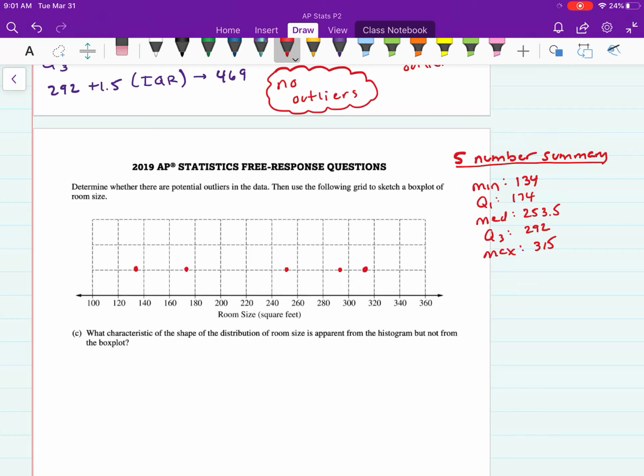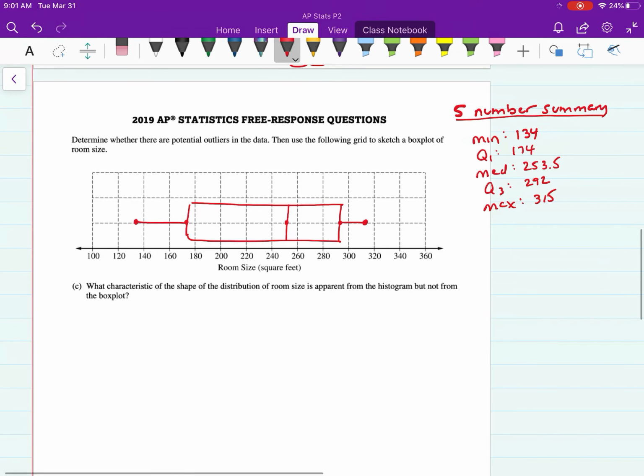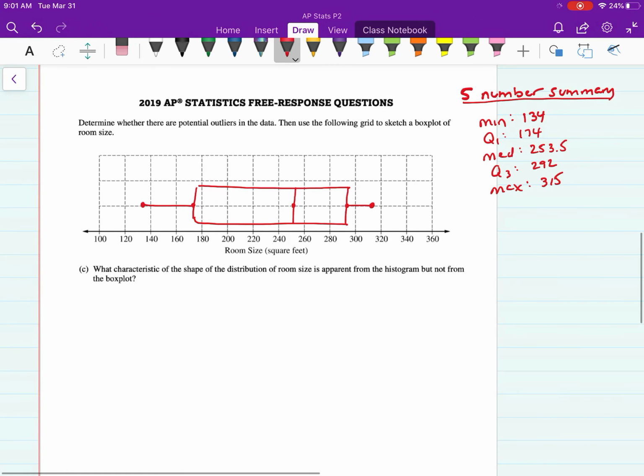And the maximum is 315, which would be over there. And there's your box plot.